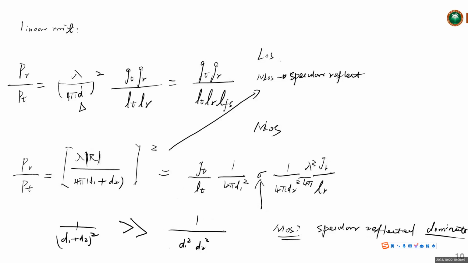A good statistical knowledge of the signal variability behavior is of paramount importance for optimal system planning. So that's what we are going to do next.